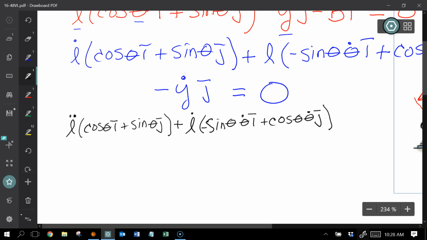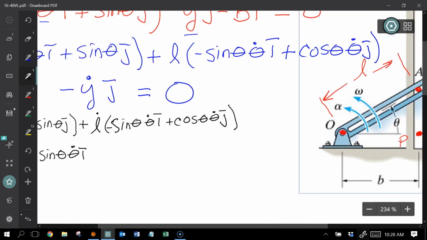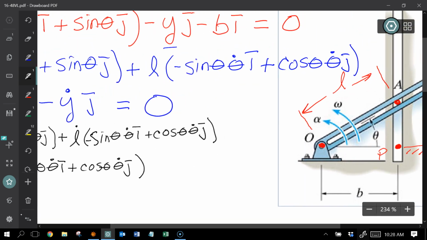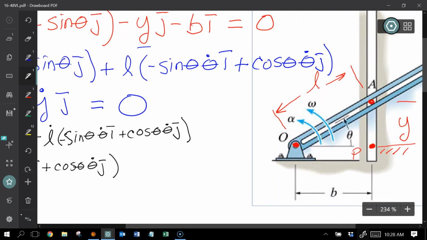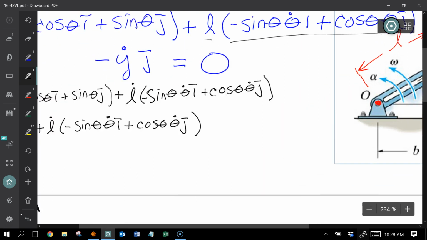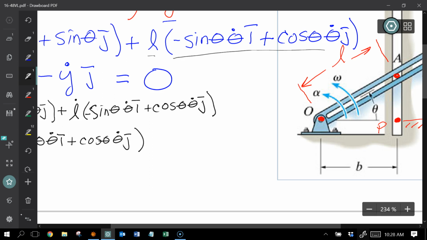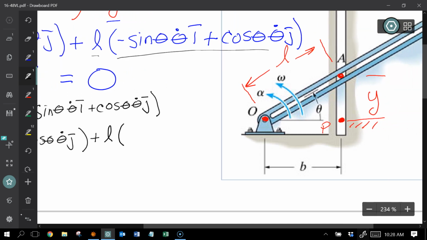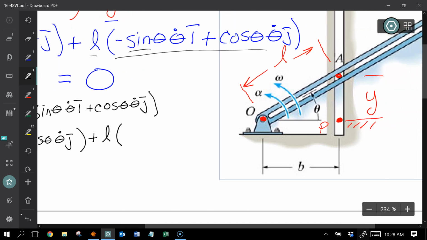Let's do the second blue term, so that'll be plus L dot, minus sine plus cosine theta, theta dot j. So that's the derivative of the first term times the second term, plus the first term times the derivative of the second term. Now, each of these are made up of two terms.